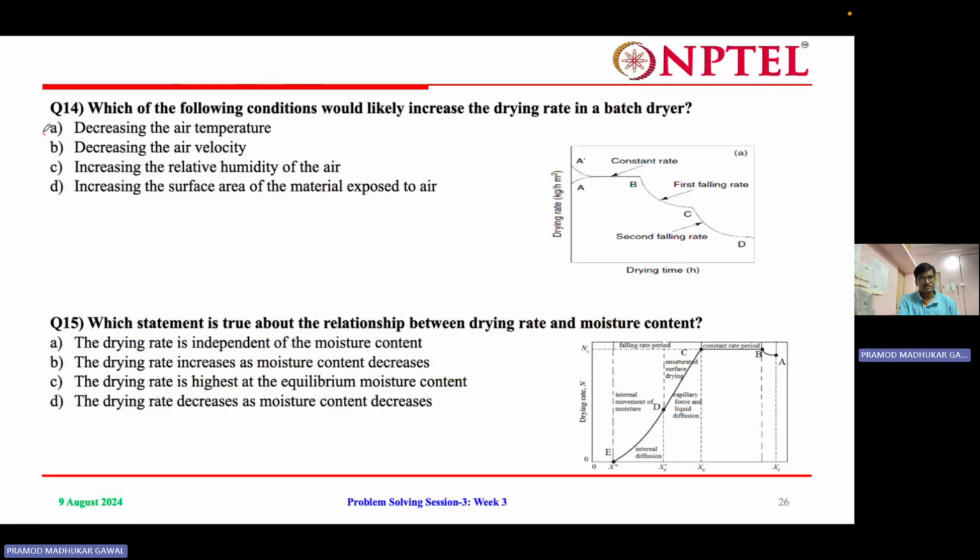So this is not possible here because of the drying rate. Increased relative humidity of the air is not possible, and increased surface area of the material exposed to air, this is possible. So the others are not possible.